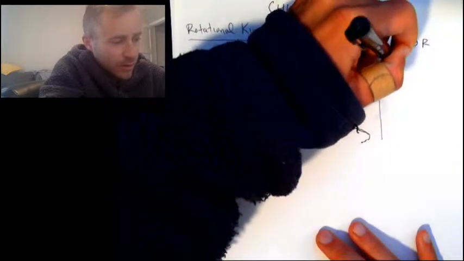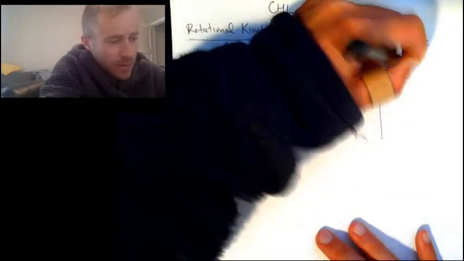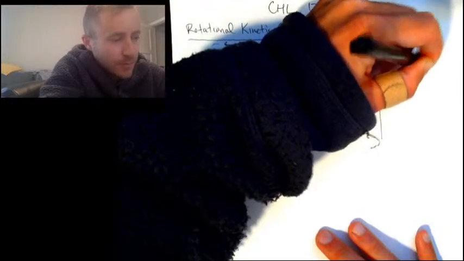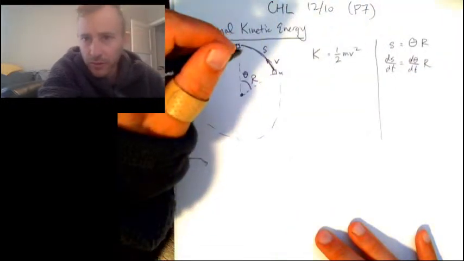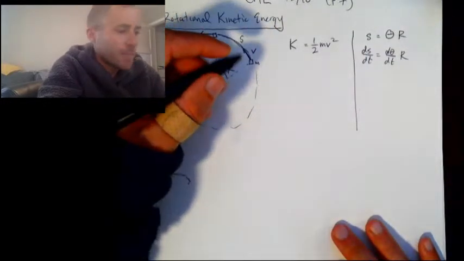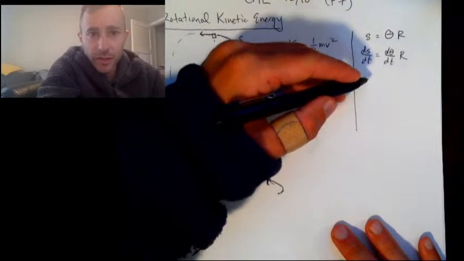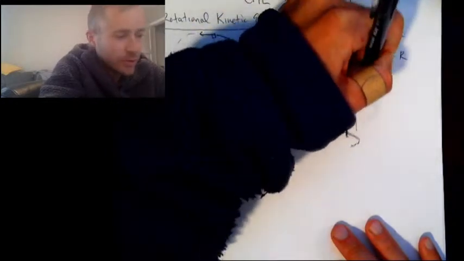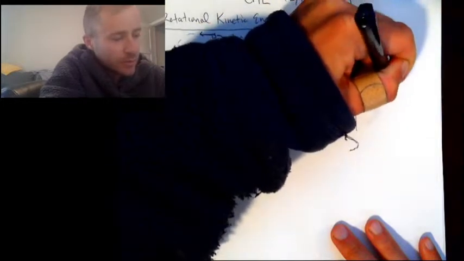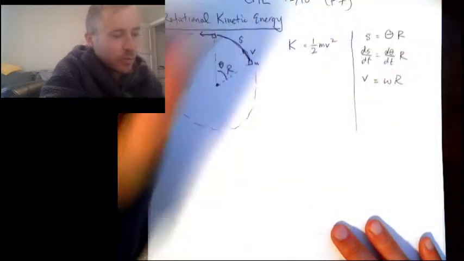So if I take the derivative of both sides, I get ds/dt equals d theta/dt times r. R is a constant, so going to the next line, ds/dt is the linear speed, the rate of change of distance traveled. D theta/dt is the angular speed, which is denoted by omega.